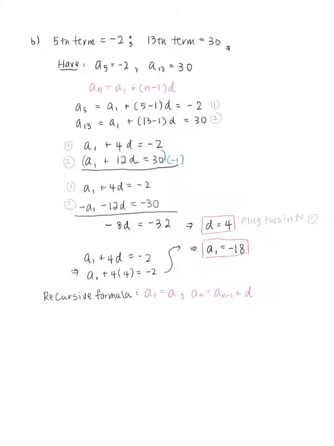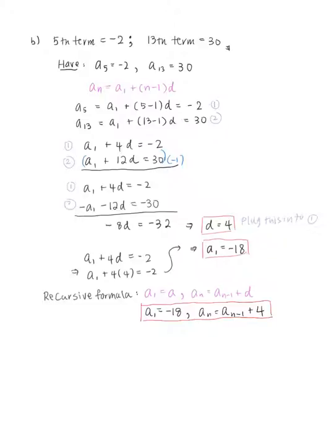Okay, so what do we get here? So our a sub 1 is negative 18. And then our a sub n is just going to be a sub n minus 1 plus d. D was 4. So this is our recursive formula.